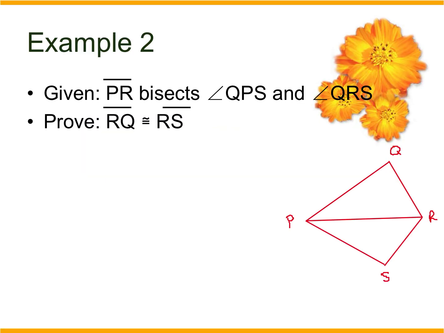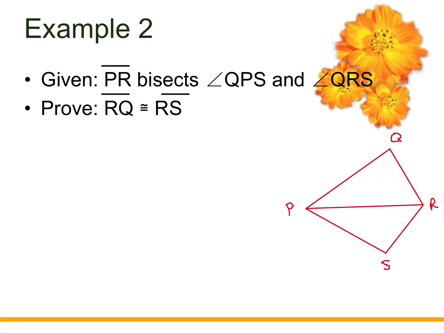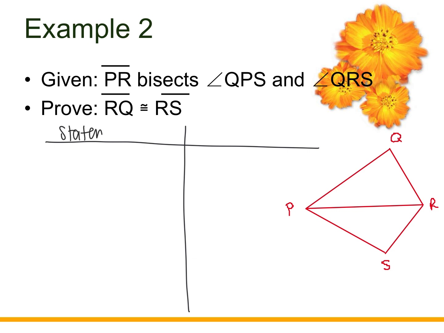All right, looking at example number 2. It's similar. I'm using the same diagram, but we're going to go ahead and write your 2-column proof. You have your statements and your reasons. And the first one should be easy.